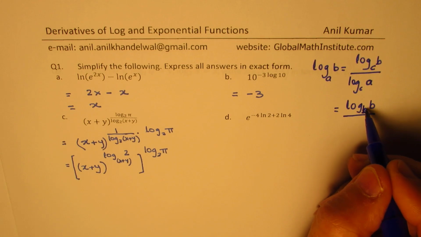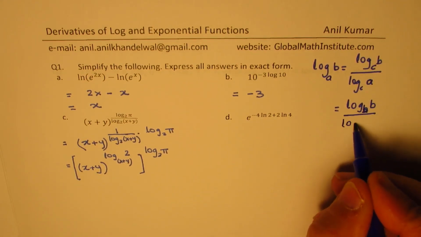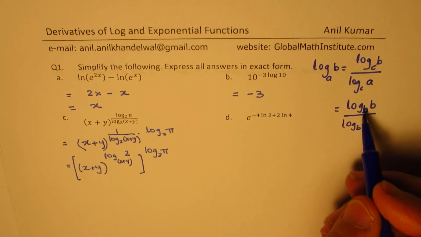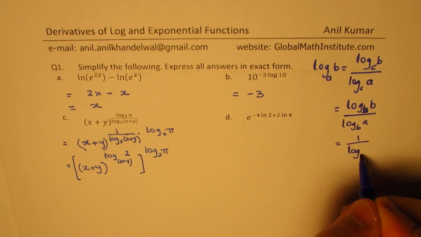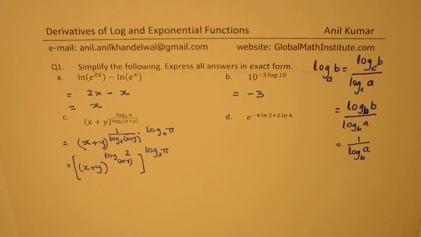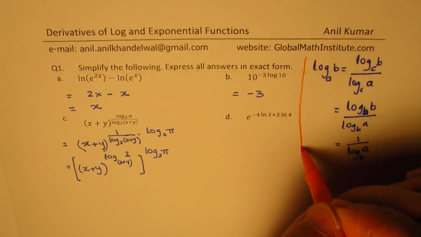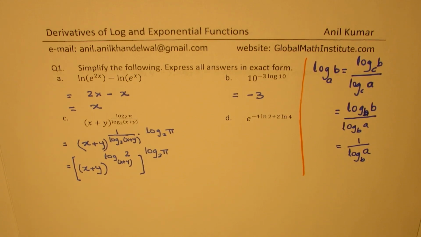So let's write this as log to the base b of b divided by log to the base b of a. Now log base b of b is 1, so we get 1 over log to the base b of a. So what you see here is that the change of base formula can also be utilized to write the logarithmic function as its reciprocal by swapping. That is the property which I have utilized in this particular case.